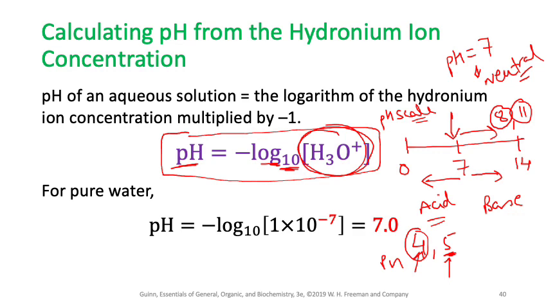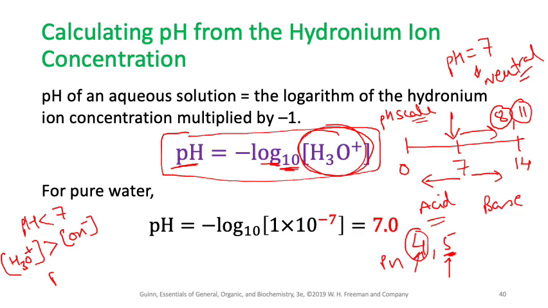There's one more concept on this. If pH is less than 7, I can say the concentration of hydronium ion is higher compared to the concentration of the hydroxide ion, right?